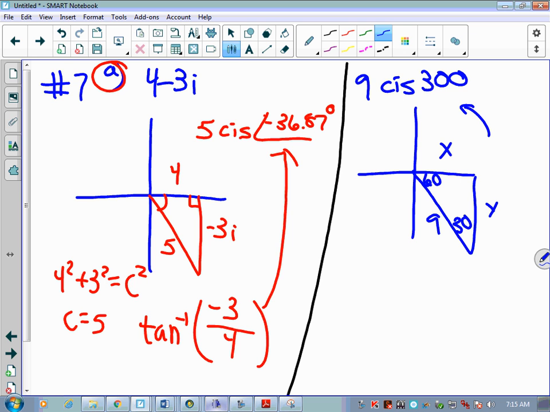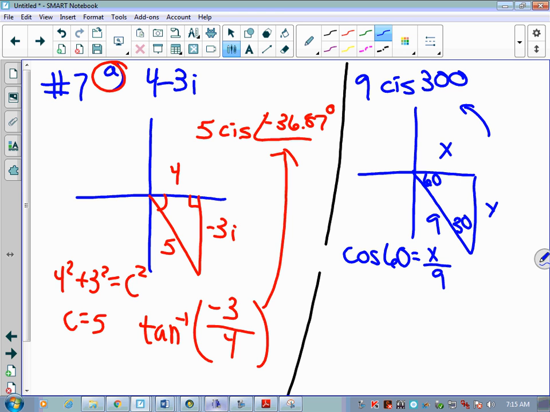If I want my x value, I'm going to end up doing, give me a second here. It should be 9, my hypotenuse, 9 cosine 60. Because essentially what we're doing is we're using the reference angle. So we're using cosine 60 equals x adjacent over 9.